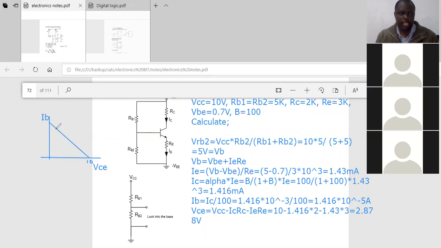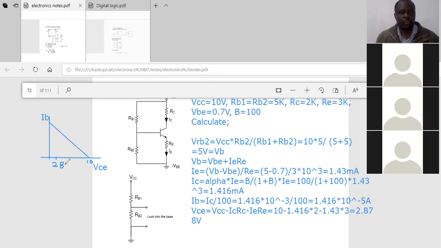This is 10 volts, and we don't have this one in saturation, but we are interested in this point, which is basically around 2.8. Remember, saturation was here, cutoff was this side, active is here, breakdown is when you go beyond.